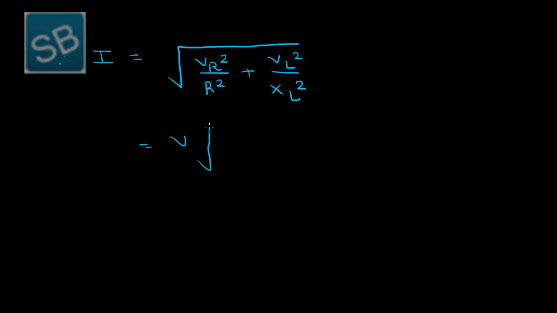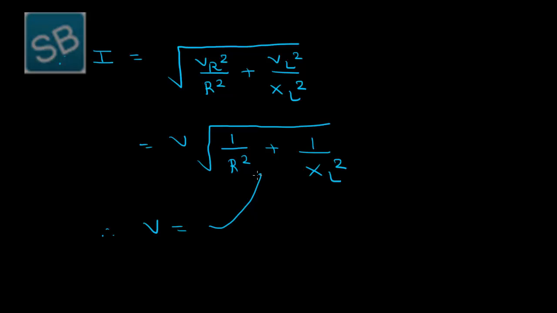So I am taking V common. So it is V times under root of 1 upon R square plus 1 upon XL square.